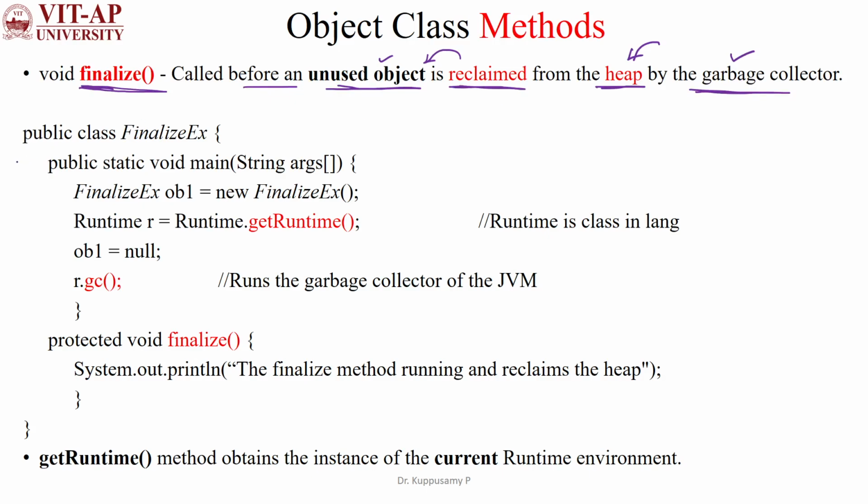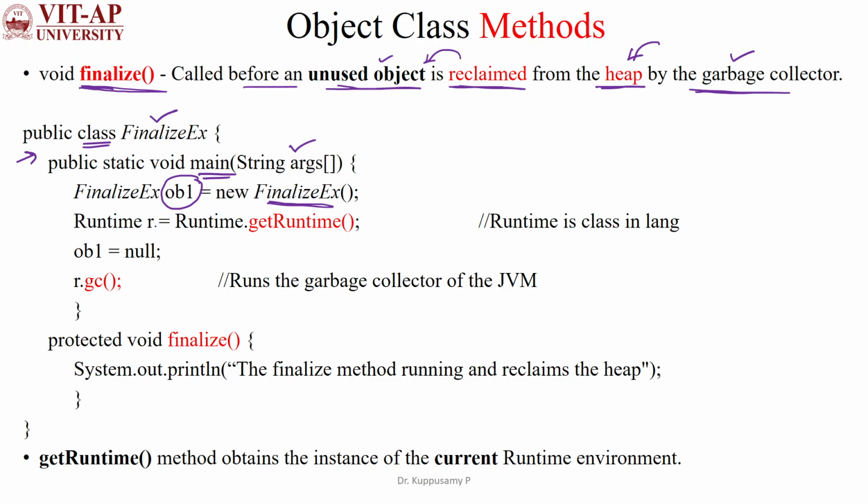Here the example is given with a class named FinalizeEx, which has the main method. I am passing the arguments in the form of the String data type. Then I am creating an object of the FinalizeEx class.